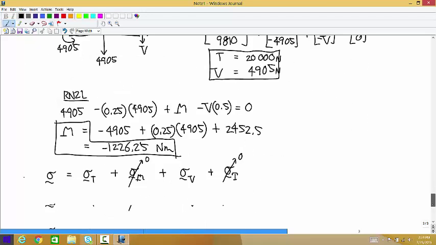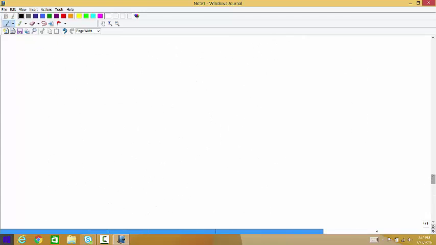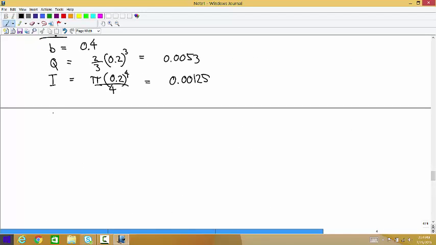Our shear force is 4905. So tau xy is equal to negative 4905 times 0.0053 divided by 0.00125 divided by 0.4.